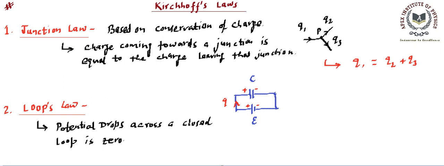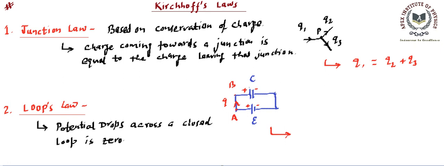So if we consider this example of a loop and we try to write the potential drop across this loop, let's say we are starting from this point, let's call this point A, and we are moving across and coming back to this point A. So when I'm moving from A to, let's say this point is B, there's going to be no potential drop or difference.